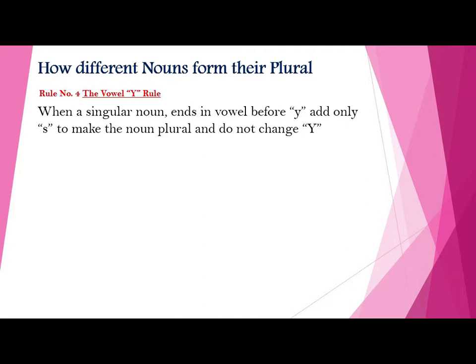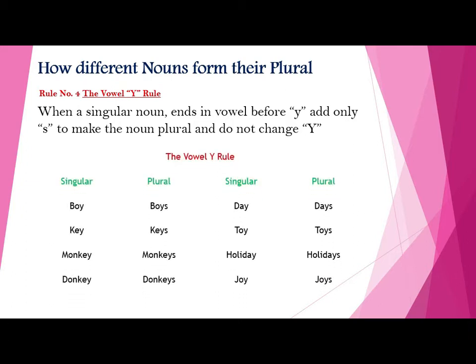This rule defines that when a noun ends with a vowel before Y, then we add only S to make the noun plural and we do not change Y. Let's see in this table, this is the vowel Y rule.